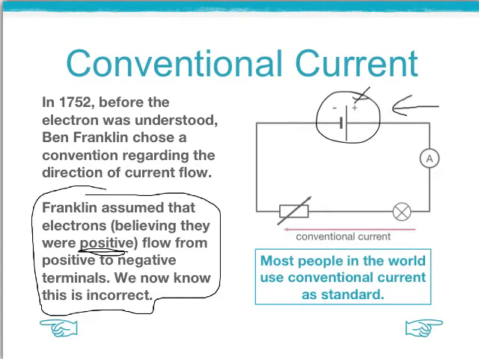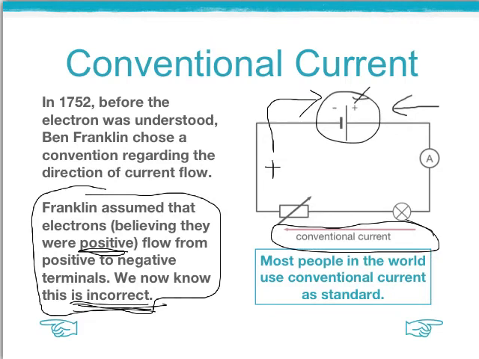And so, being positive, they would flow towards the negative terminal. We now know this is completely incorrect. However, the convention remains. So, when we refer to conventional current, it's the opposite to common sense. It's not the electrons moving towards the positive terminal, it's actually these fictitious positive charges moving towards the negative.